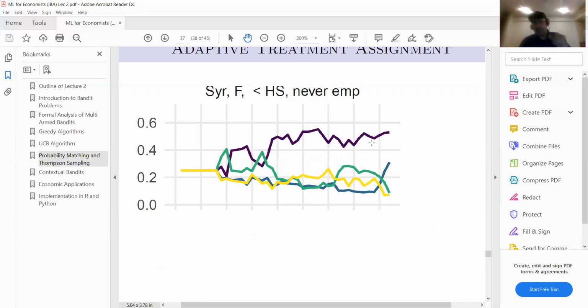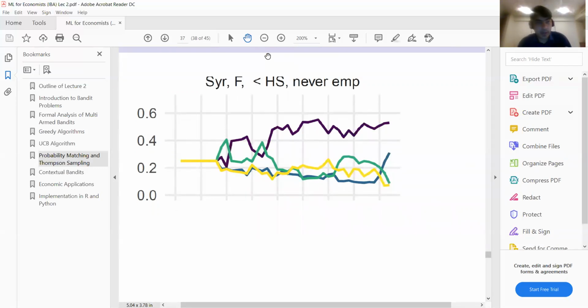So towards the end of the experiment, these women, who are Syrian refugees, less than high school educated and never employed, are allocated with a very high probability to the cash grant, which was the most effective intervention that they found in this paper.